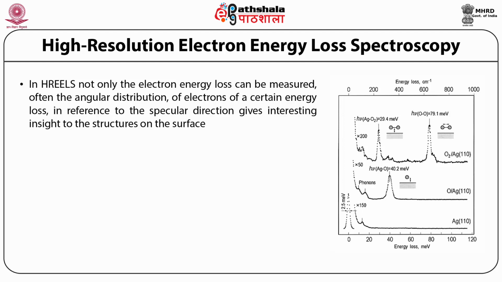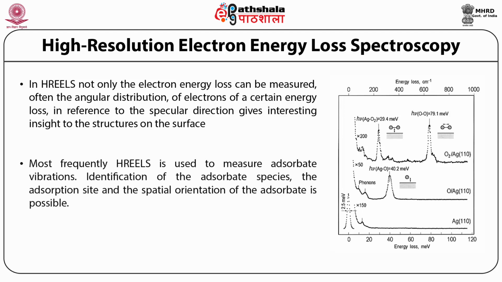Then the thin film on this silver surface, which has been formed with the help of oxygen, has been shown on the 110 plane. And then the way it is adsorbed on the surface of silver has been shown, and what way the bonding is there, that also has been indicated in the diagram.